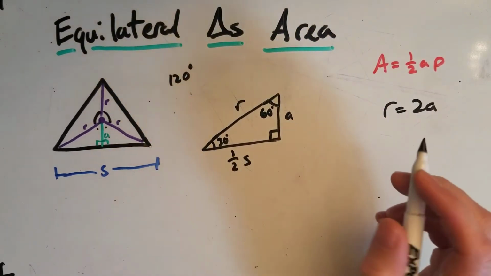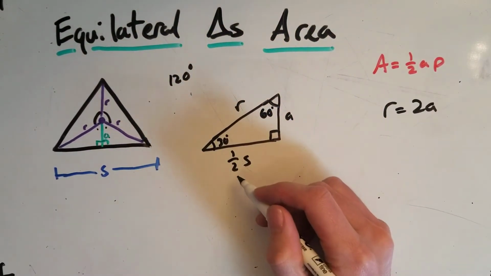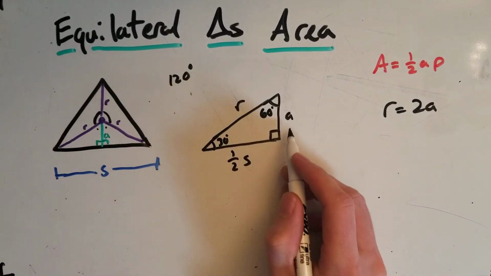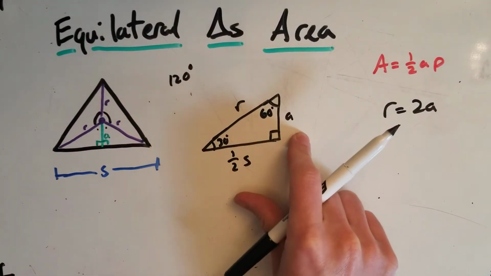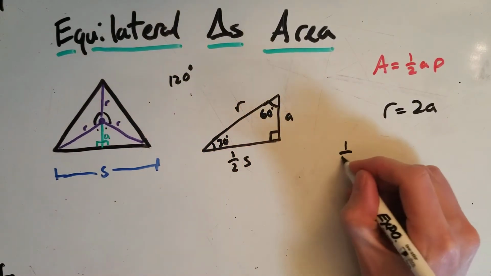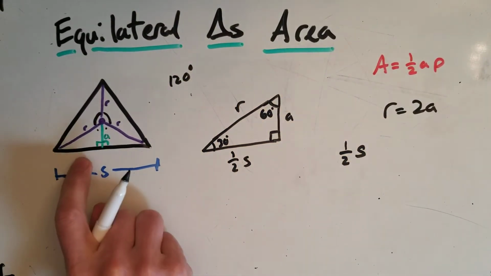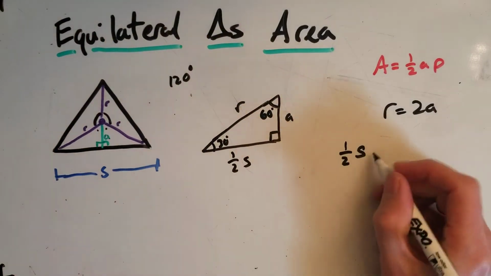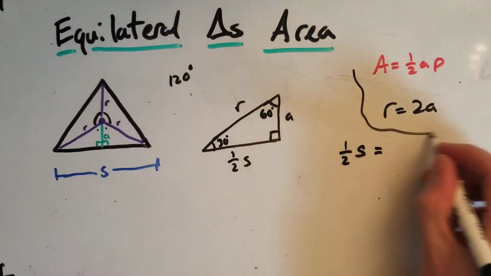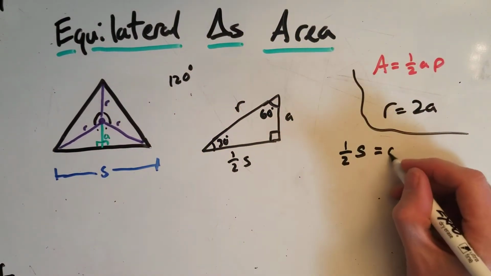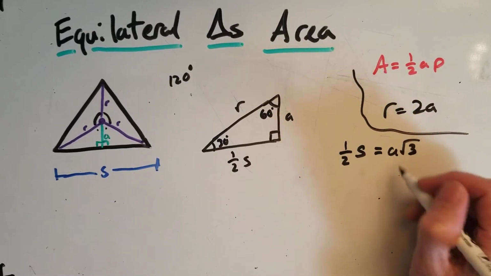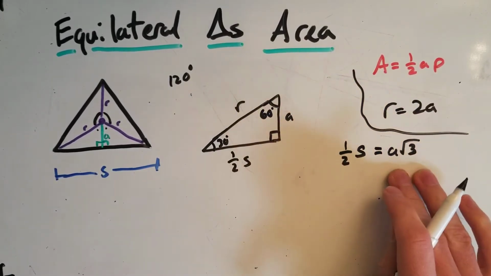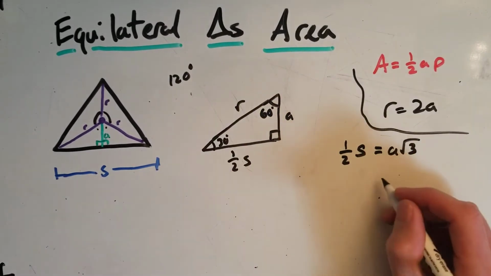The one that I'm really going to focus on is the relationship between a side and the apothem. If you look at the right triangle that we have, 1/2 of the side, because that little segment would only be 1/2, it wouldn't be the whole side, is equal to the apothem √3. Let's isolate A here.